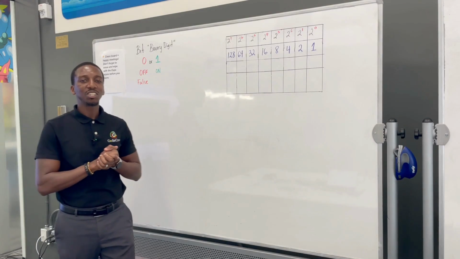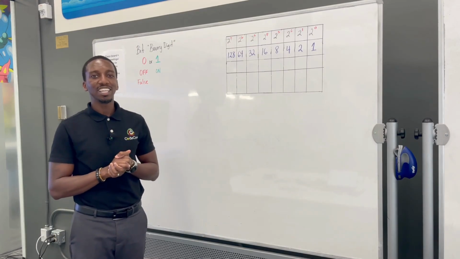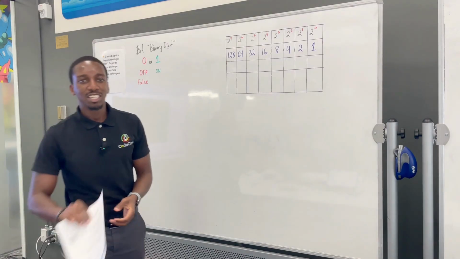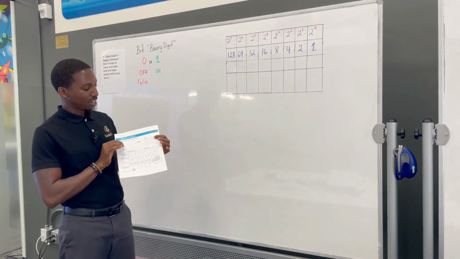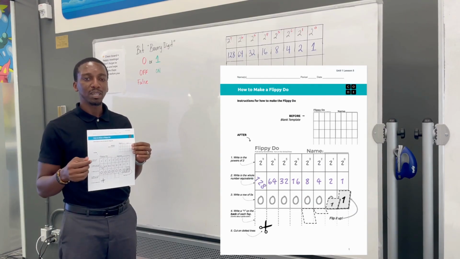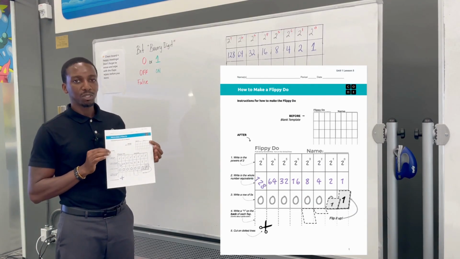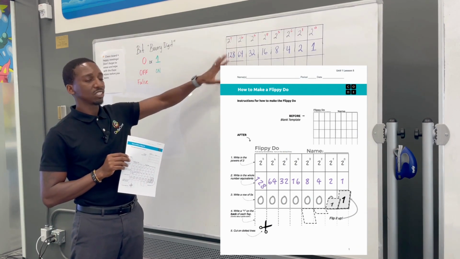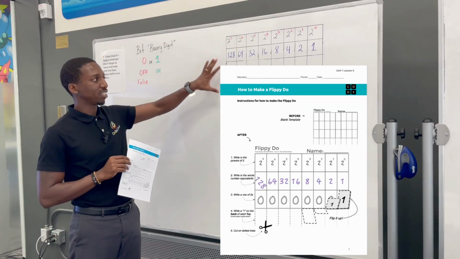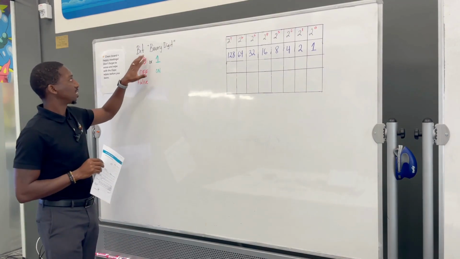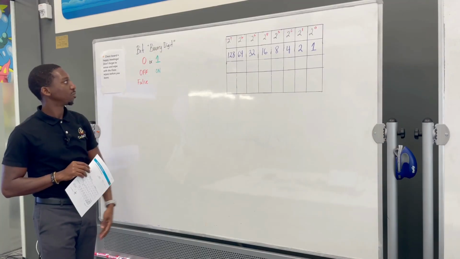Now that you've had a chance to learn a little bit about binary, it's time to move into our actual activity for today. Today we're going to use what's called a Flippy Do. I will walk you through this step by step, but ultimately this is what we're going to end up with. On the board here, I put it together so we can visually see, when we do the exercise, how each number corresponds to the bit, which is called a binary digit, as you learned from the video as well.